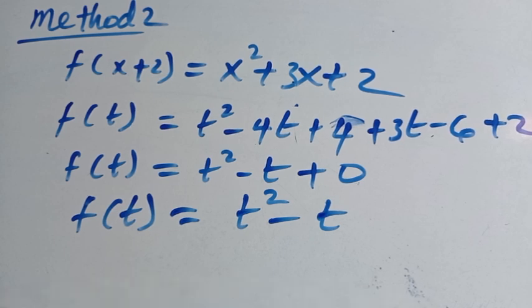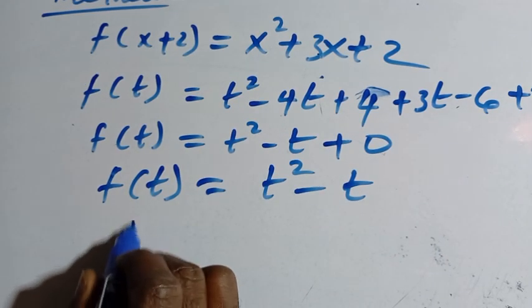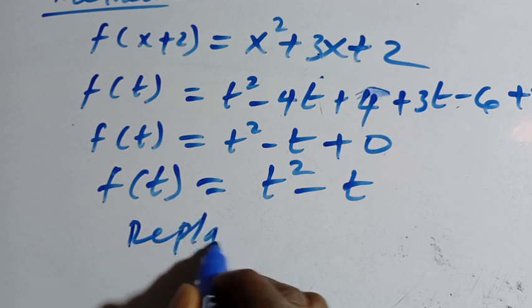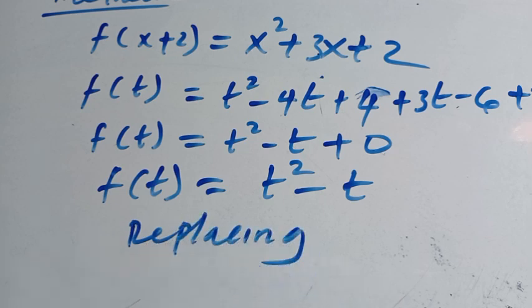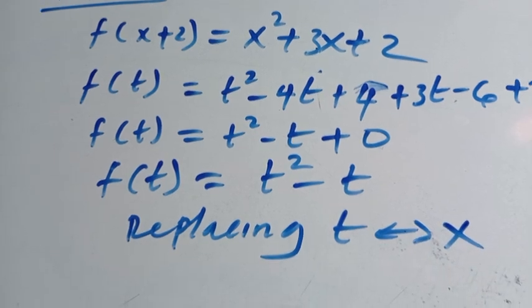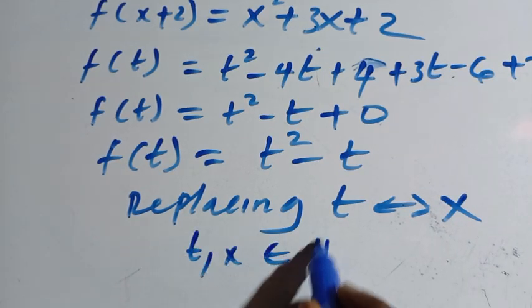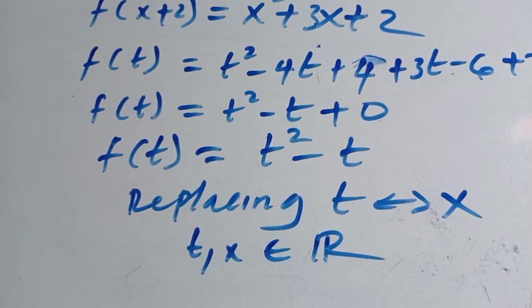And since what we need is f of x, we have to replace, replacing our t with x. And why we do this is that both t and x are members of the real numbers.